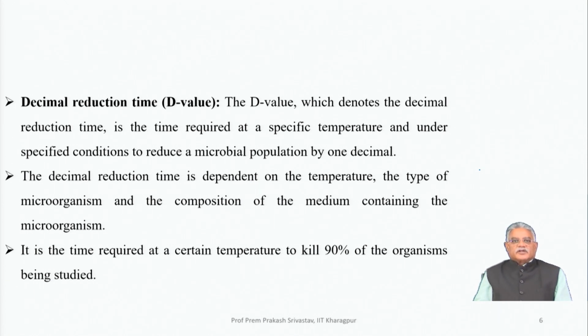The decimal reduction time is dependent on the temperature, the type of microorganism and the composition of the medium containing the microorganism. It is the time required at a certain temperature to kill 90% of the organisms being studied.